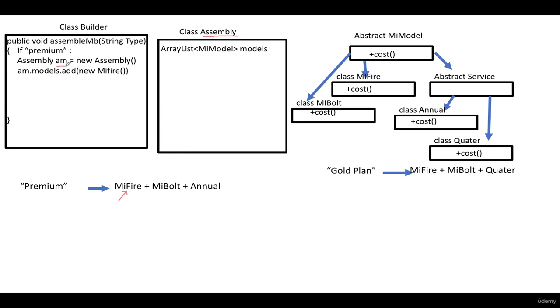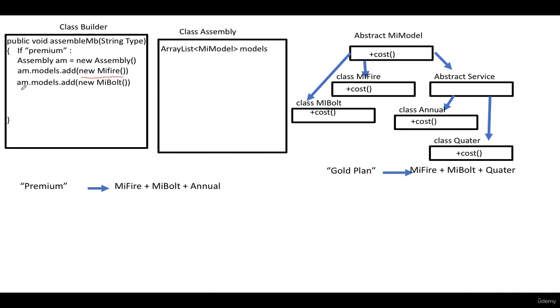So here we have am, which is the instance of the Assembly class, and here we have the array list of models. So one by one, in this array list, we keep on adding all the instances of the different classes. So here we are calling am.models, that is this models, and then we call the add method of the array list, and here we are creating the instance of MIFire and adding that.